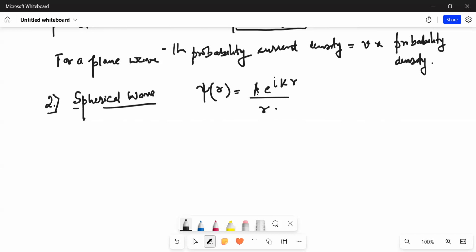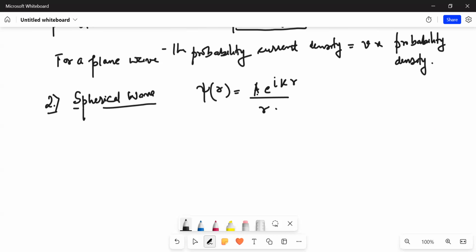This is how I represent the spherical wave. Is that clear? The wave function for the spherical wave.